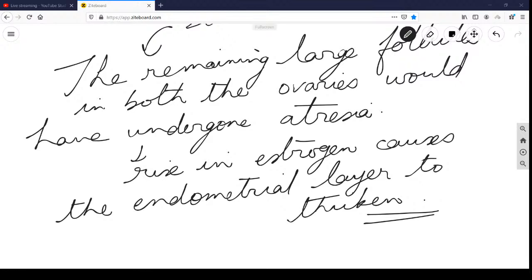This is a condition known as edema. These are the hallmarks of the follicular phase.